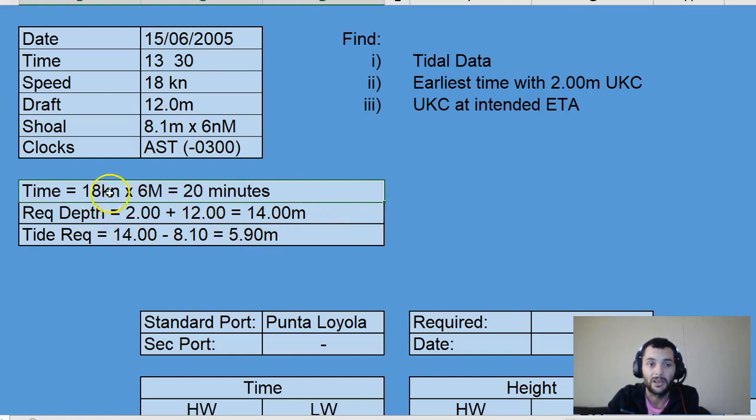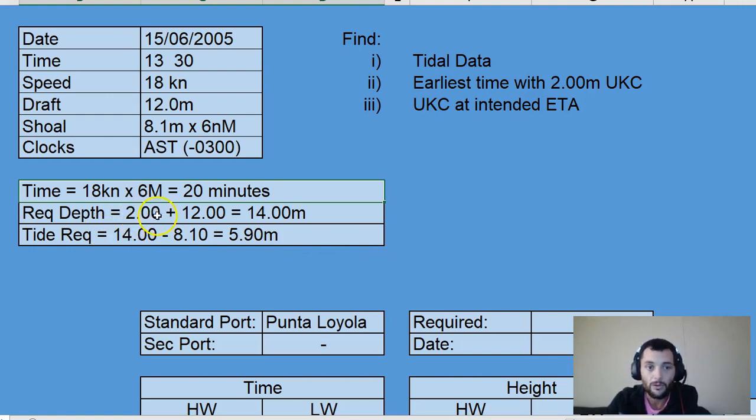In this case we're doing 18 knots, and we know that the shoal is 6 miles away. So we just do a simple time calculation, and that indicates that we need 20 minutes to get to the shoal. So if we're leaving the berth at 13:30, our ETA at the shoal will be 13:50, 10 to 2 in the afternoon.